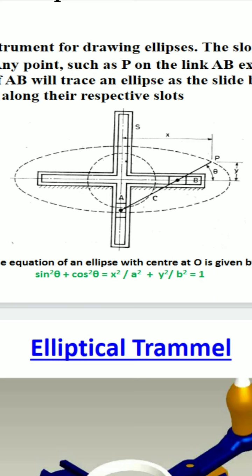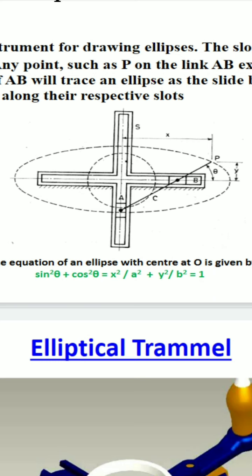Next, at any point except the midpoint of AB, C is the midpoint here, which is tracing the circular path.